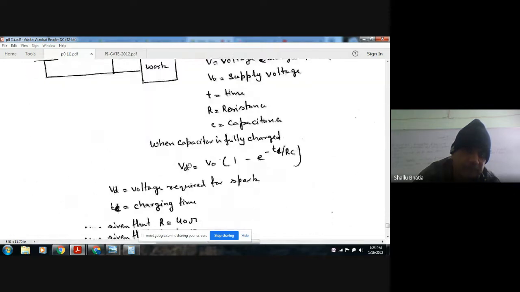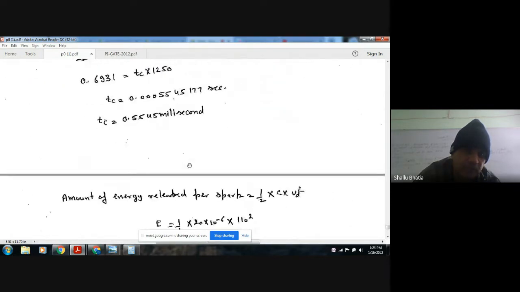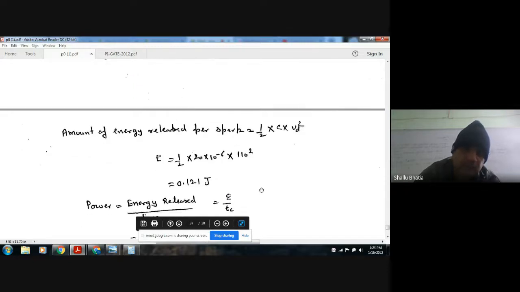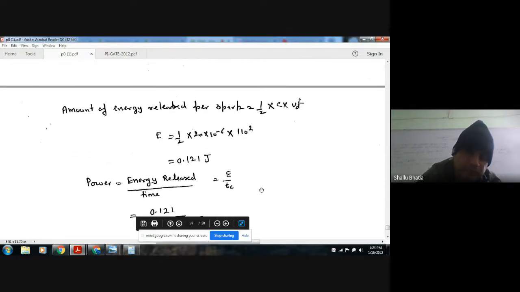Next, average power input. Average power input is nothing but half into C into VD square. This is the amount of energy released, and energy divided by time gives power. So C is 20 into 10 to the power minus 6, and VD is 110. This is the energy, and the time is TC, because we have to neglect the discharge time.